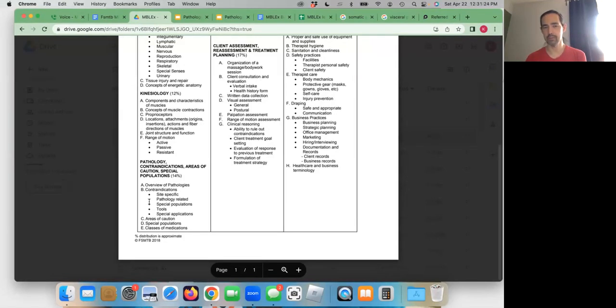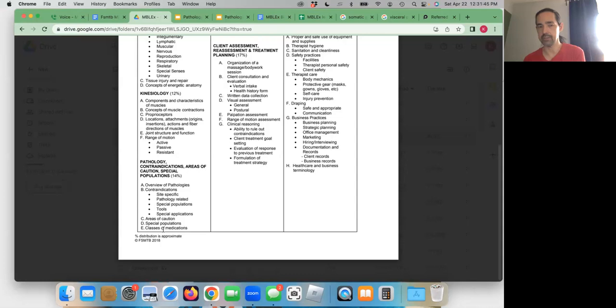We did almost everything in the pathology section in less than 45 minutes. We did the overview of pathologies, contraindications, site-specific pathology, and special populations. We didn't talk about tools yet. Special applications, areas of caution, special populations, and classes of medications.